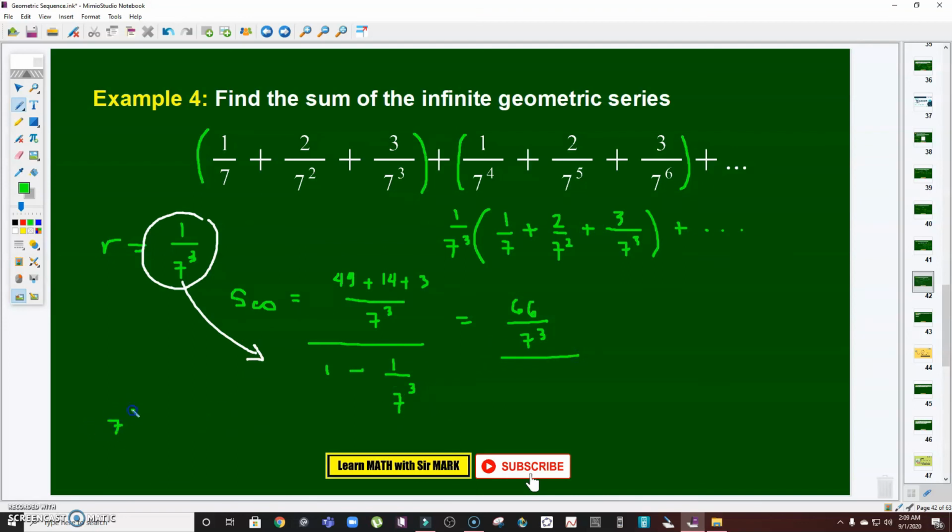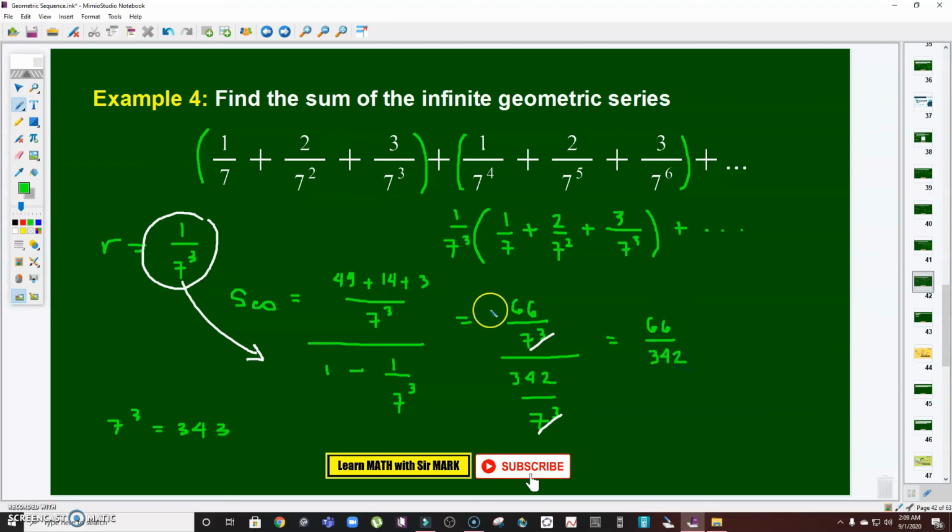Take note, 7 cubed is 343, minus 1, that will be 342, all over 7 cubed. So clearly, maka-cancel dyan yung 1 over 7 cubed.